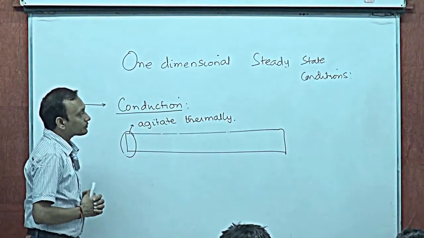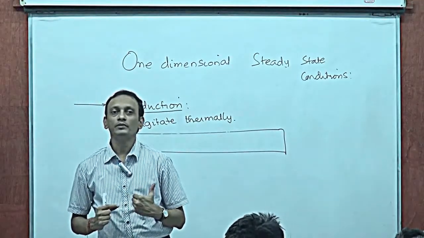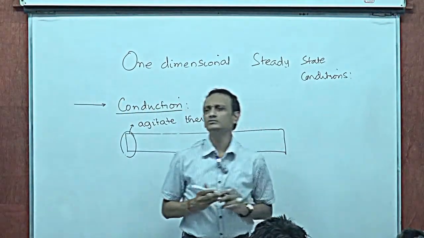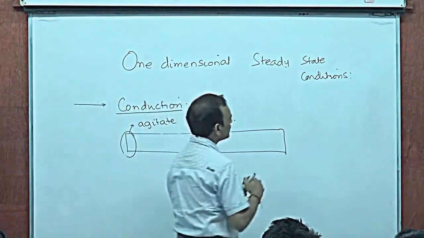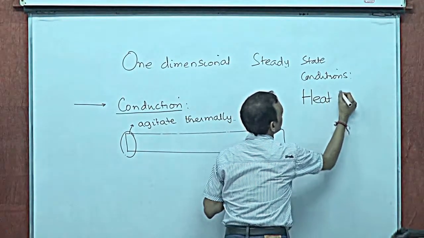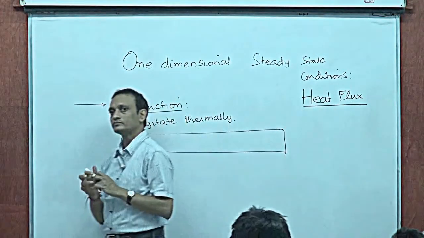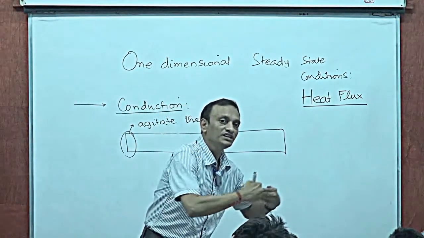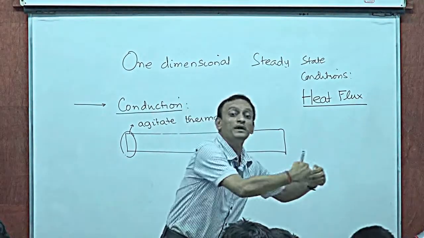Now, there are certain rules associated with it. There is something that we refer to as heat flux. That means it's like the heat flowing perpendicular to area per unit time.